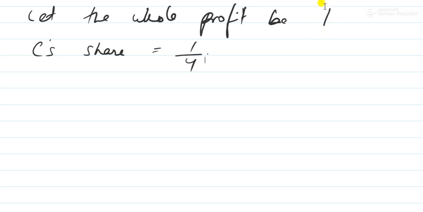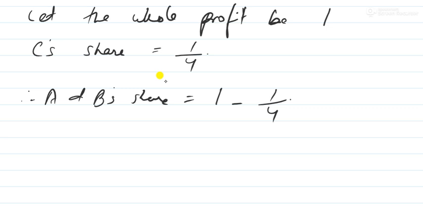Out of the whole profit, C is getting 1/4, which means the remaining profit is shared by A and B. Therefore A and B's share is equal to the whole share of profit minus C's share, 1 minus 1/4.